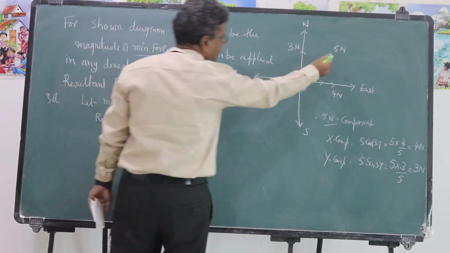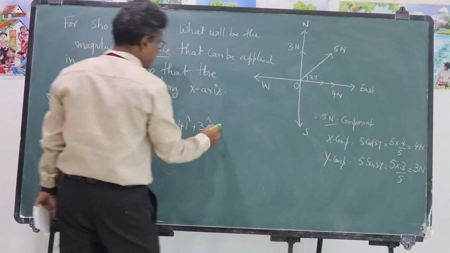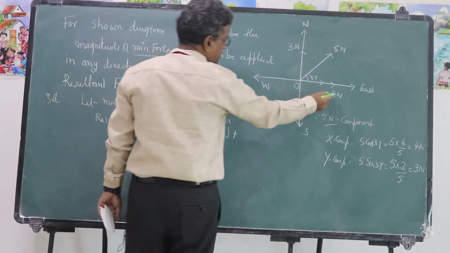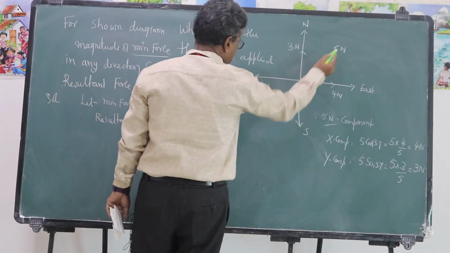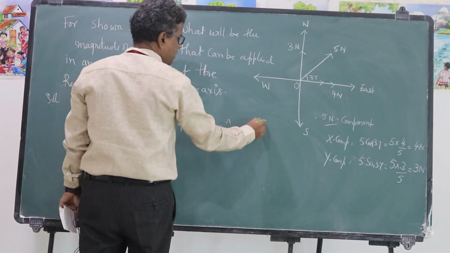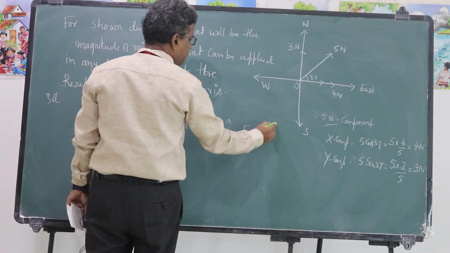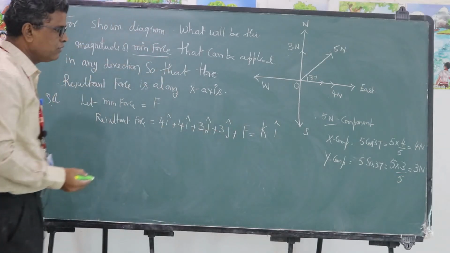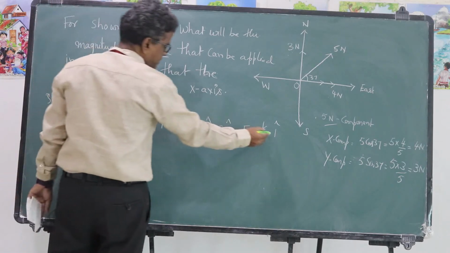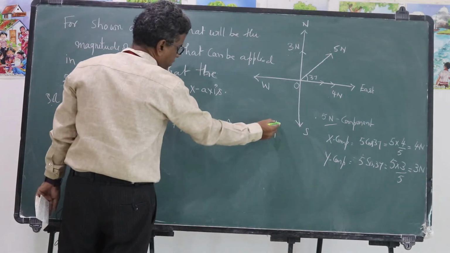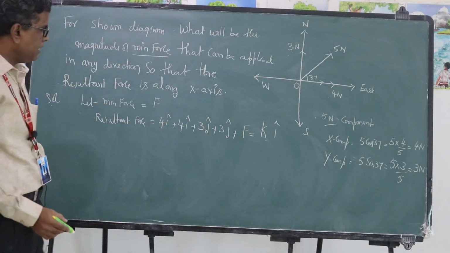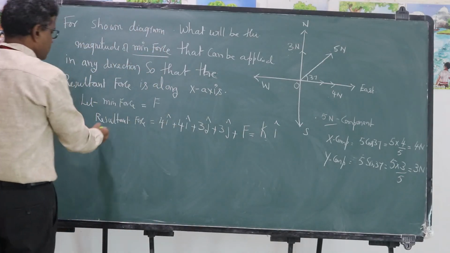So I added this force and this force and this one, plus the applied force F. The resultant force should be along the x-axis, so it should be some constant K into i cap. The unit vector along the x-axis is i cap; its magnitude we don't know, let it be K. So this is the resultant force.